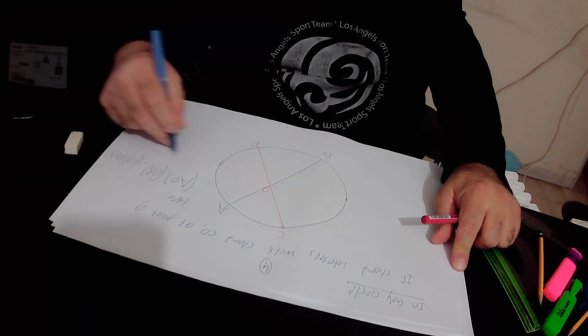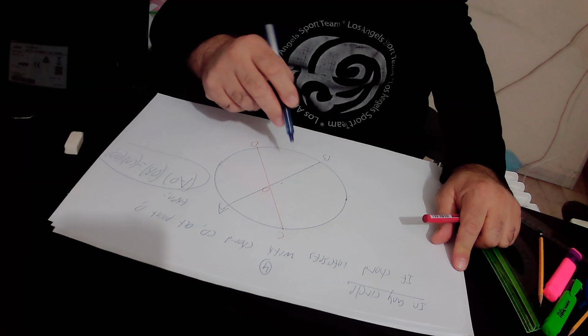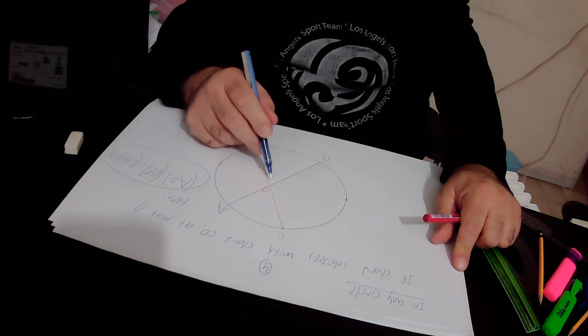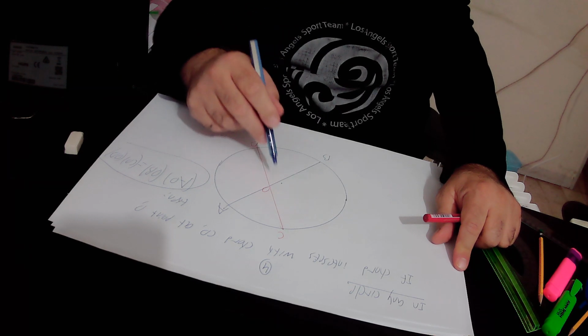I repeat again. If chord AB intersects with chord CD at point O, then AO times OB equals CO times OD.